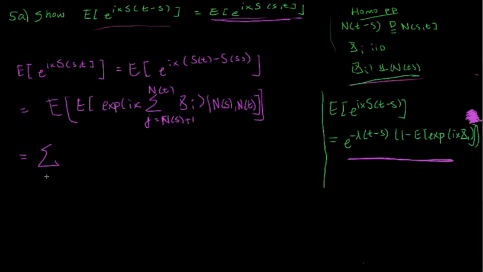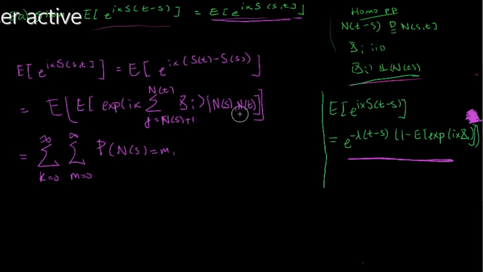So I have the sum for k equals 0 to infinity, and then I have another sum for m equals 0 to infinity, and the probability that N(s) is equal to m, and whoop, now we kind of have a problem, because if I want to do this properly, I'll actually have to say that I look at the N(t)'s that are greater than N(s), and that's just not fun to play with.